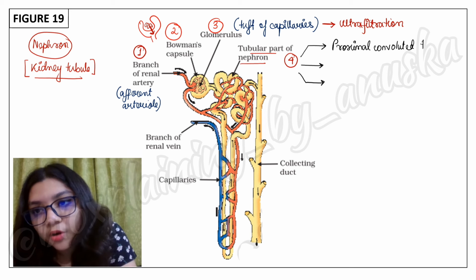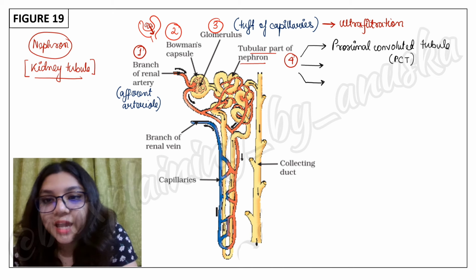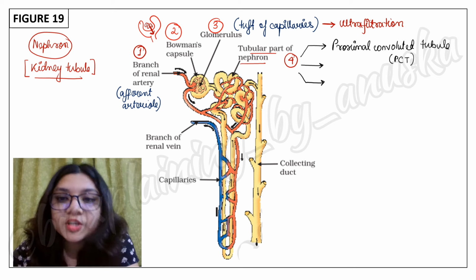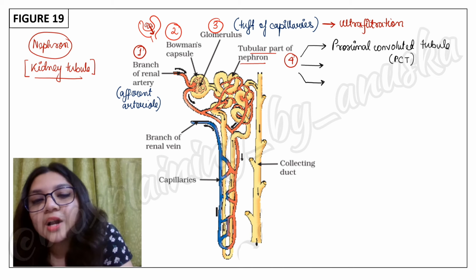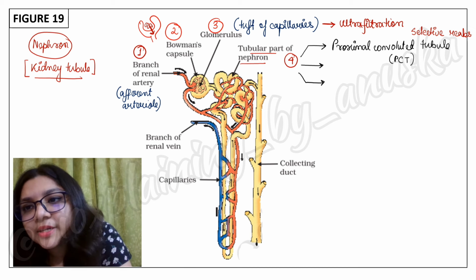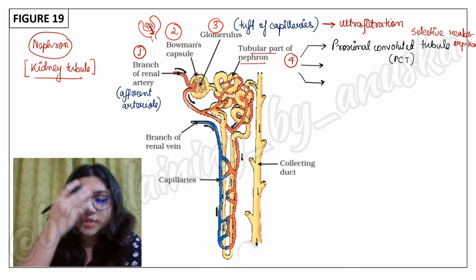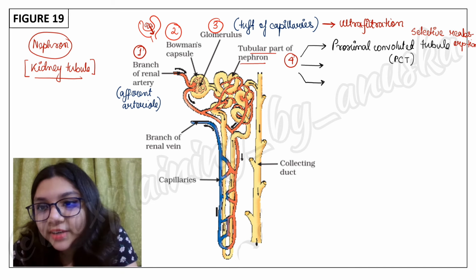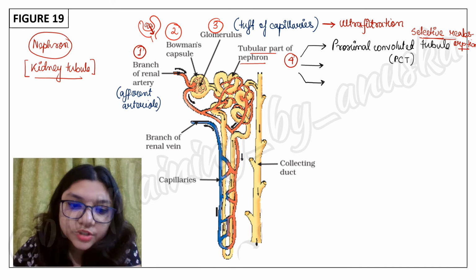In the PCT, there is reabsorption of the useful substances present in the glomerulus filtrate that comes out after ultrafiltration. Selective reabsorption happens, that is, the body does not want to give out all of the water or useful substances like glucose. So it selectively reabsorbs those things back into the tubule.